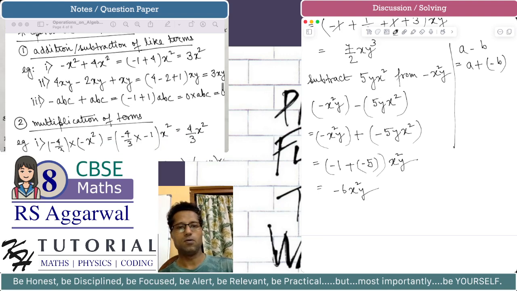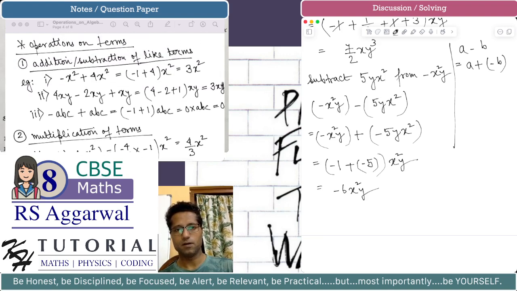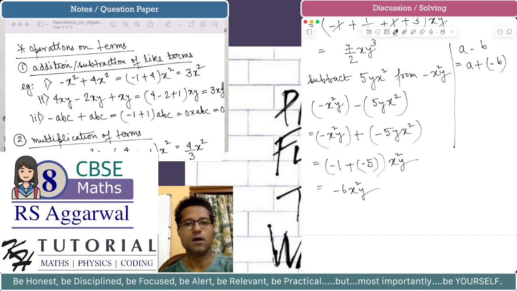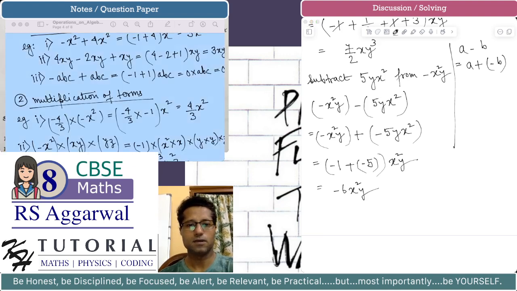Okay. Now multiplication of terms. Remember that we just discussed addition and subtraction of like terms. There have to be like terms. Now let's discuss how we multiply two terms, and they need not be like terms.